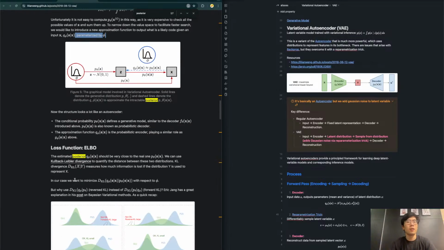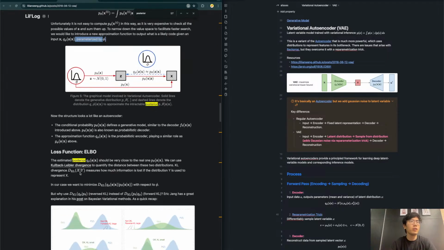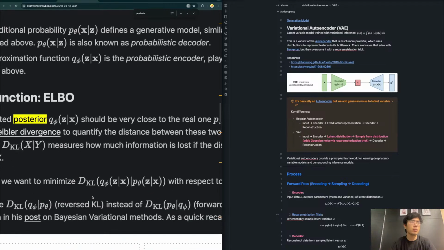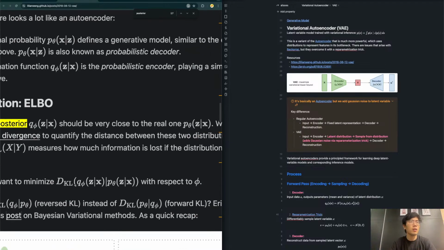And the conditional probability defines the generative model. Now, we want to minimize the KL divergence between these two distributions.